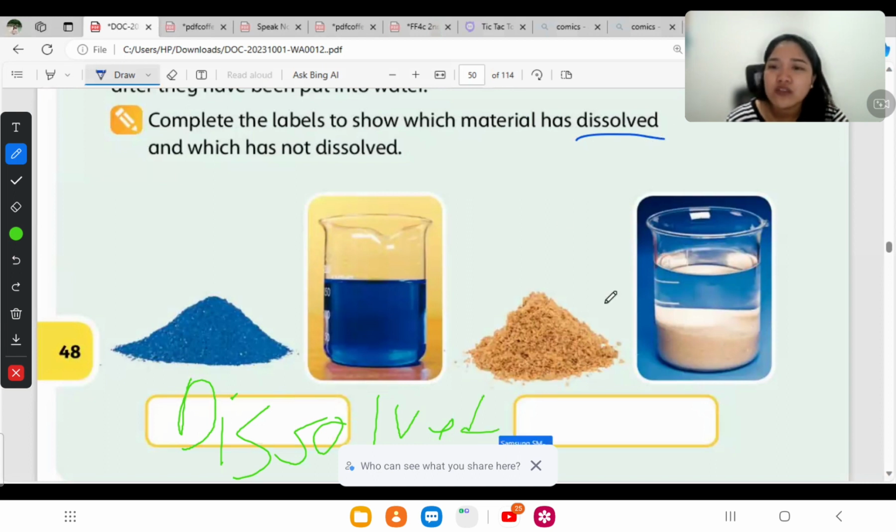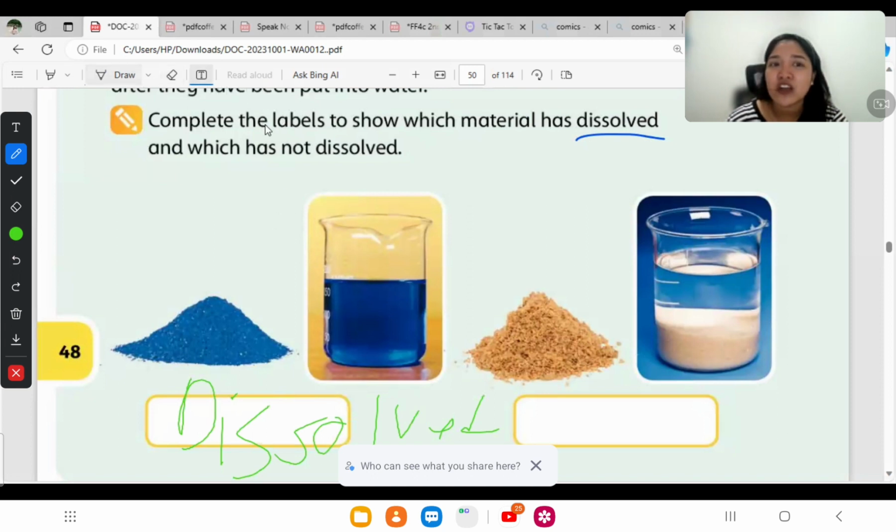Okay, how about this one? This is sand. Does the sand dissolve in the water? No, it doesn't. Very good.